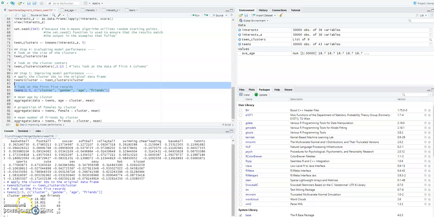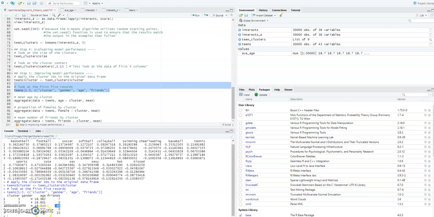And likewise, if you see another record that belongs to cluster 5, he is again a male, the age is 18.335, and that person has 69 friends. You can take a look at other variables of interest and see if the cluster information that we have gathered so far is correct.